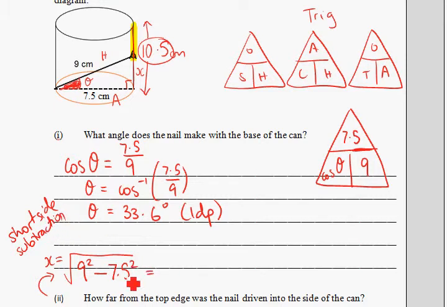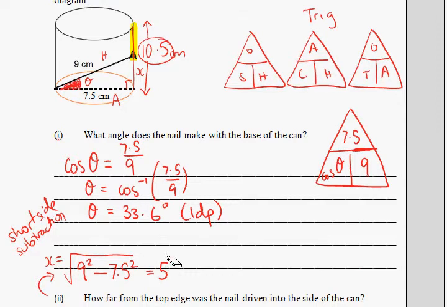Alright, remembering to use brackets around that on the calculator, we get a value of 5, or 4.97, perhaps.